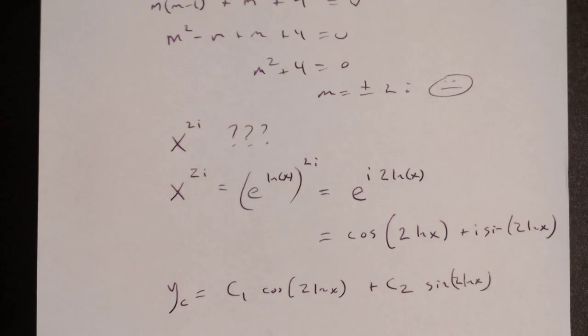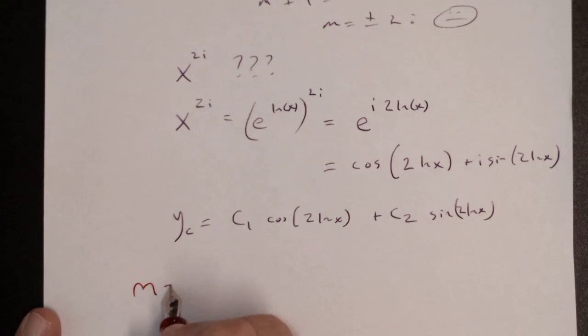Now, I will freely admit this problem was rigged and I got just plus or minus 2i. So what happens, I'm going to make something up. Suppose I got m equals -1 plus or minus 2i.